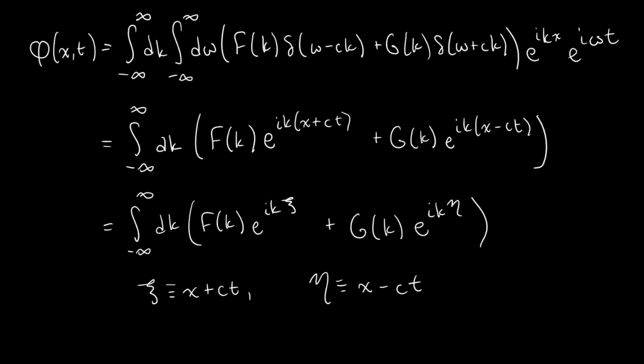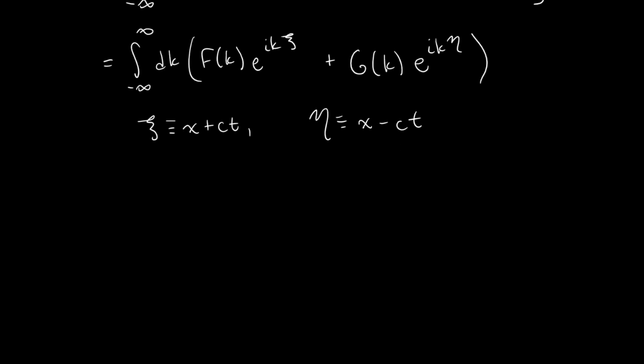Now, if I were to look at each, so forget anything physical, let's just look at the mathematical expression here. Forget that we're dealing with time and space and all of that stuff. If I were to just look at this, dk f of k e to the i k psi.